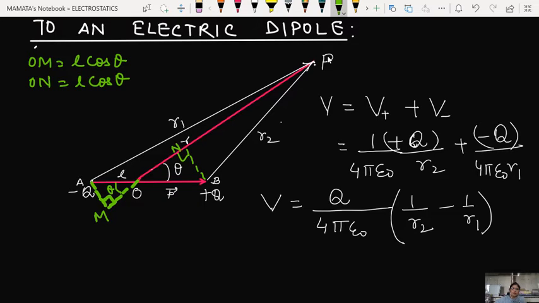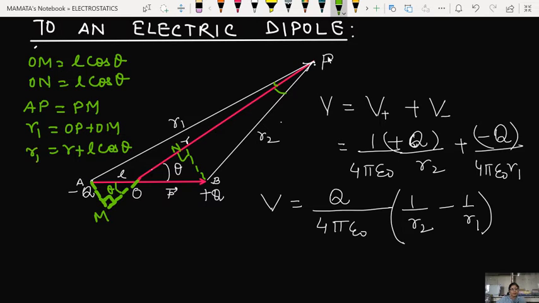For a small angle, we can say that AP is equal to PM. It means R1 is equal to OP plus OM. And what is the value of OP? That is r, so R1 equals r plus l cos theta.